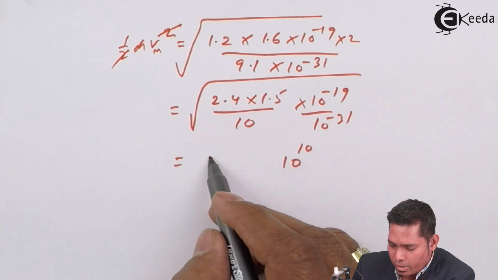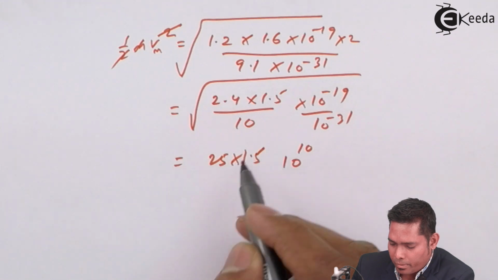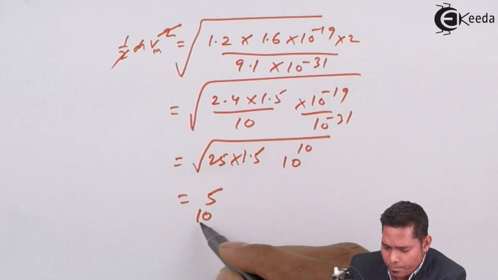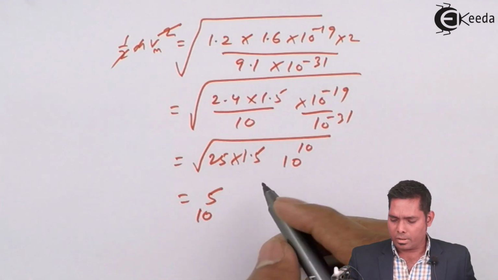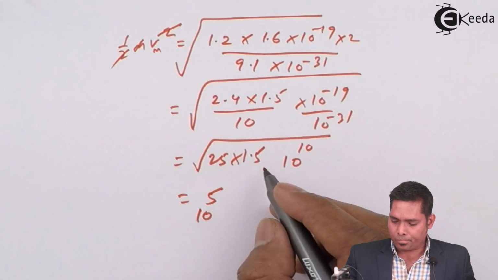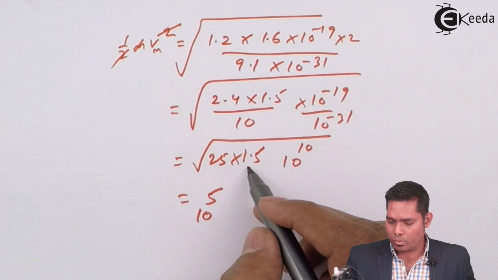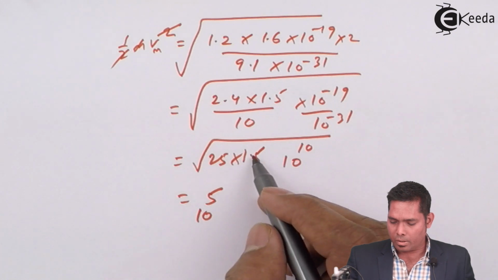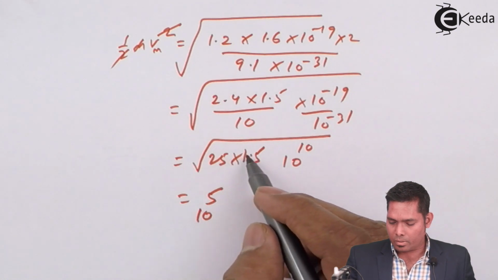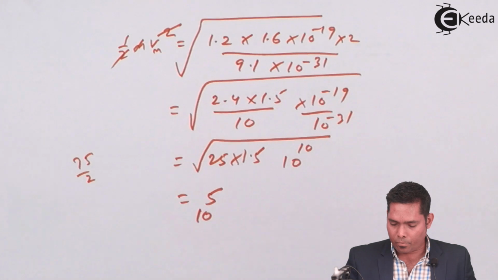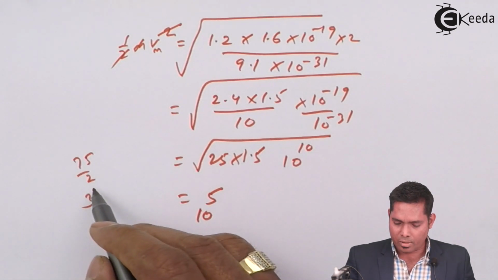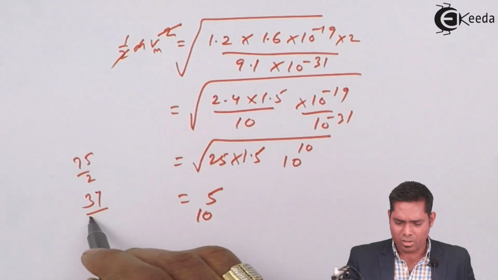So this is around 25, and this is around 1.5 root. This 5 comes out. 10 to the power 5 comes out, and this one is approximately 3 by 2. 3 by 2 is 75 divided by 2, which is approximately equal to, 2 3 is 6, 2 7 are some 37 around.